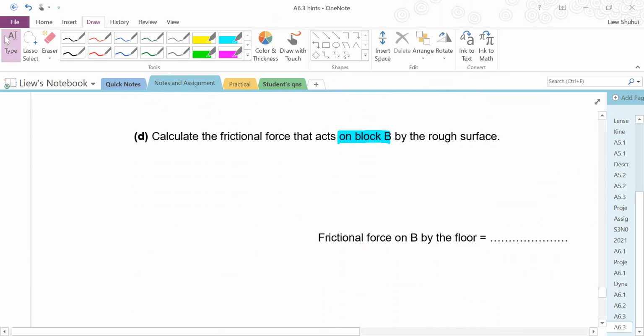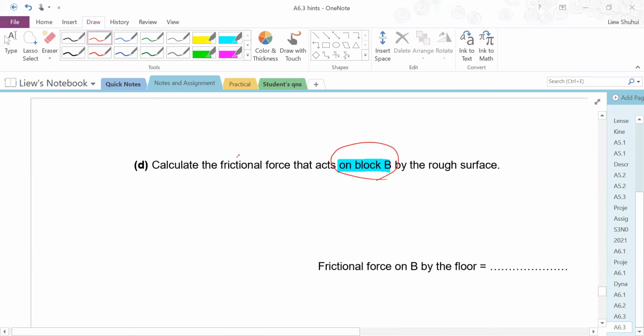Lastly, calculate the frictional force that acts on B by the rough surface. So this time around, again, you're looking for frictional force, and frictional force is along the horizontal direction. So if that's the case, you again consider F net in the horizontal direction, which gives you ma.